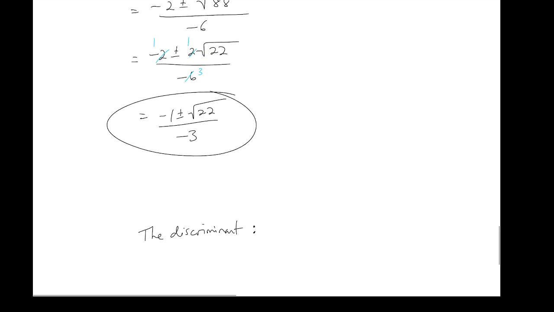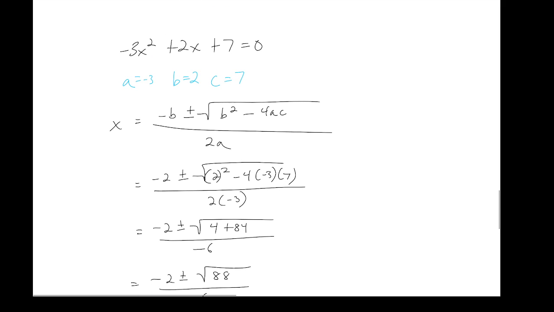We can't take a square root of negative 22, for example, or even the square root of negative 25. So the discriminant is a portion of the quadratic formula. It's everything that's inside of that radicand, b squared minus 4 times a times c. This is our discriminant.